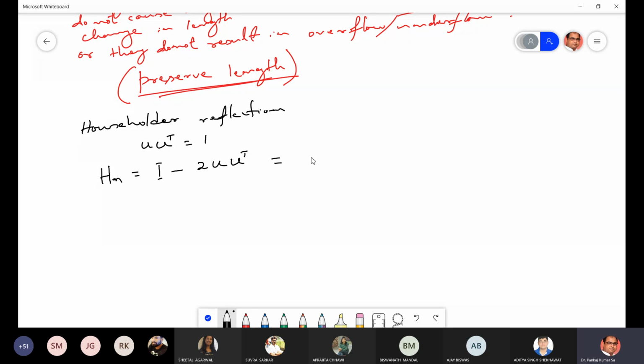This is also written as I minus 2 by n ones(n). This is a typical MATLAB statement ones(n), where this actually means, if I write ones(3), this means a 3 by 3 matrix of all ones.